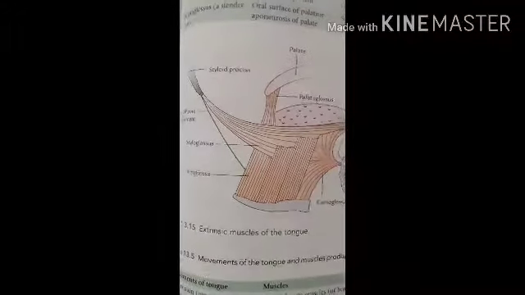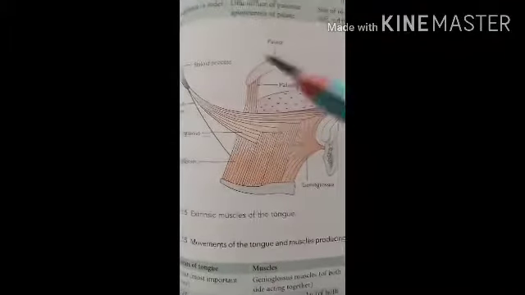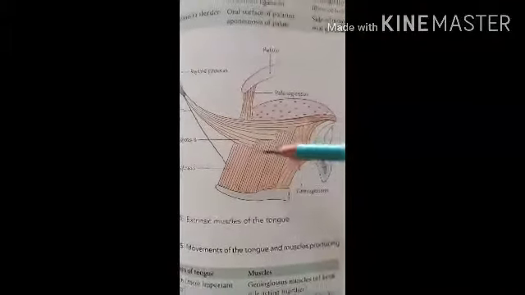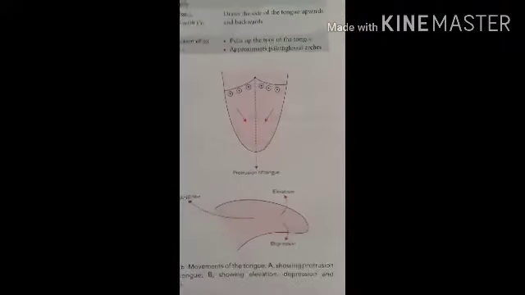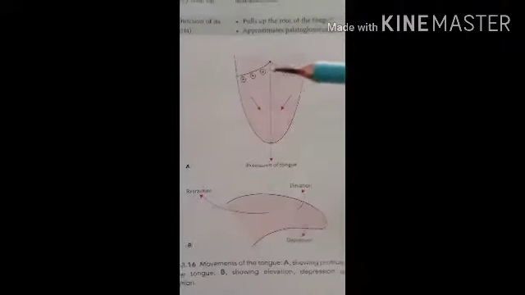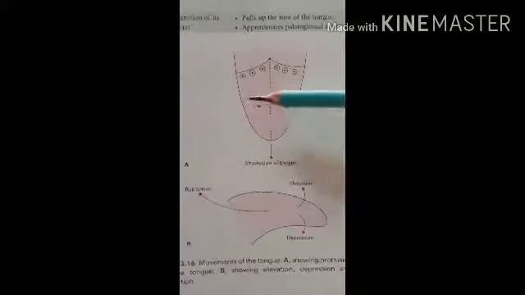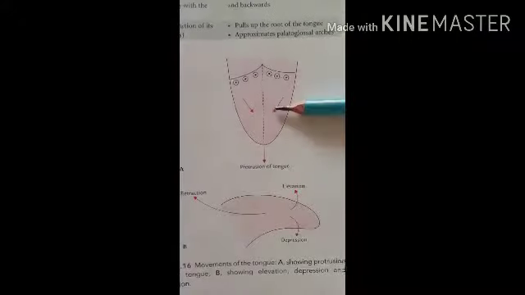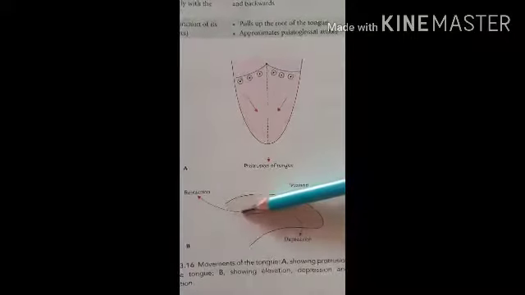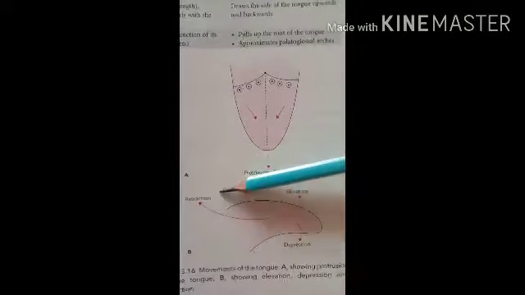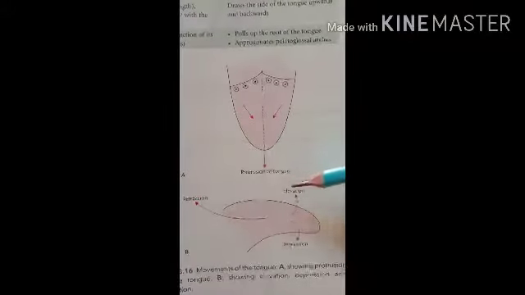Then let's see the different functions or movements of the tongue done by these muscles. Protrusion of the tongue occurs by the genioglossus muscle. Retraction, meaning the tongue goes backward, occurs by the styloglossus muscle.